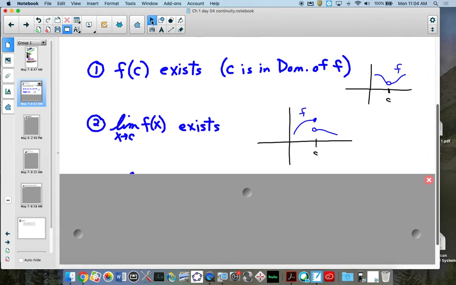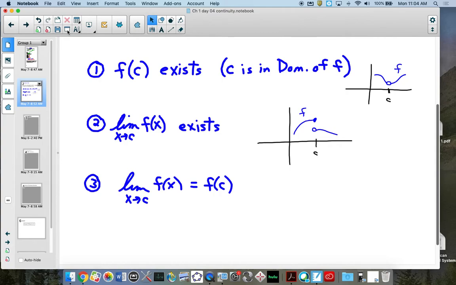The third and final test is that the limit as x approaches c of f of x has to equal f of c. So let me draw a case where it passes the first two tests but doesn't pass the third test. Here's c.